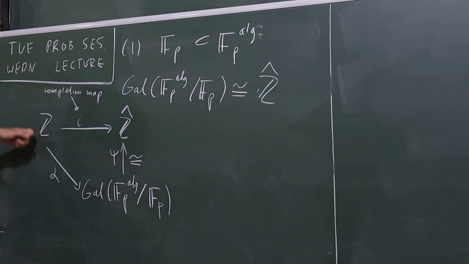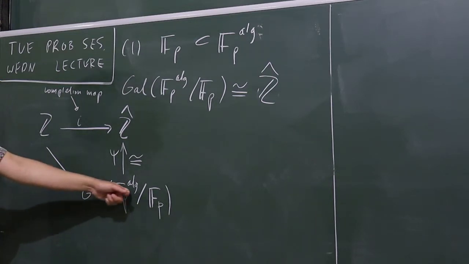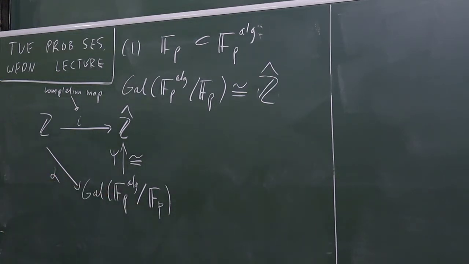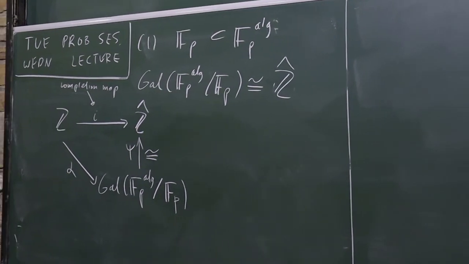Yeah, so what do you think, how is Z mapped into this Galois group, this big one? Similarly as before, there is one special automorphism here, the Frobenius. So that's how it goes.